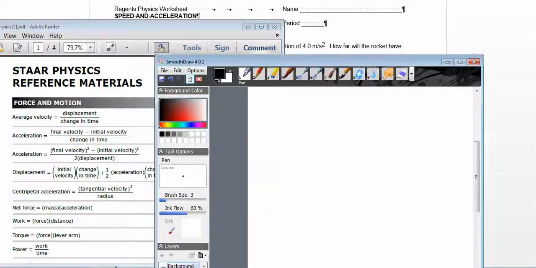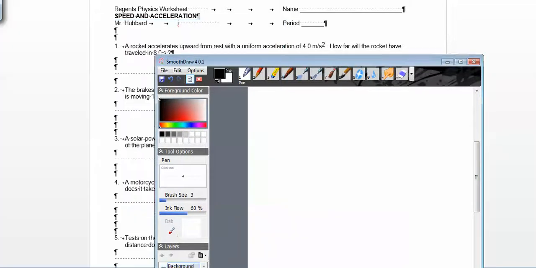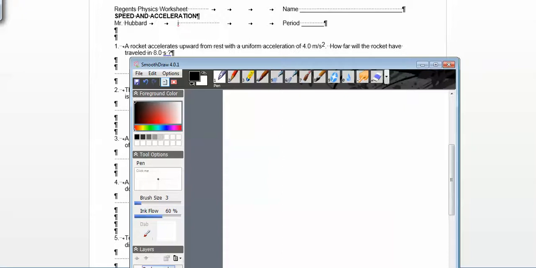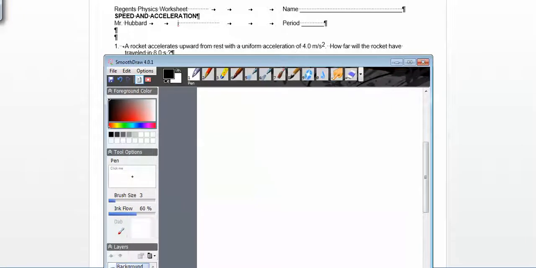So let's start with this again. A rocket accelerates from rest, so our initial velocity equals 0. Our acceleration equals 4 meters per second per second. How far will the rocket have traveled in 8 seconds?